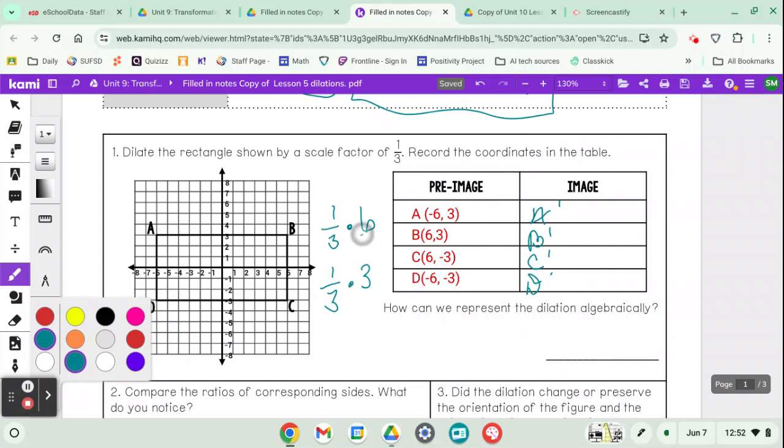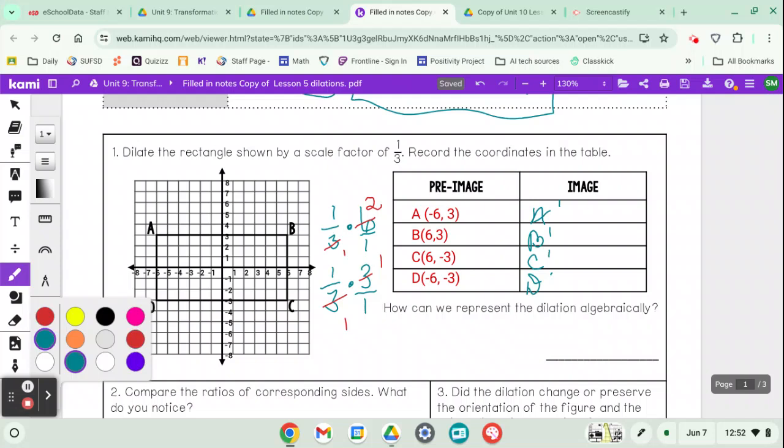When we multiply fractions, you multiply numerators and multiply denominators. You can also say that we are going to simplify before we multiply. And therefore, 1/3 times 6 is 2.